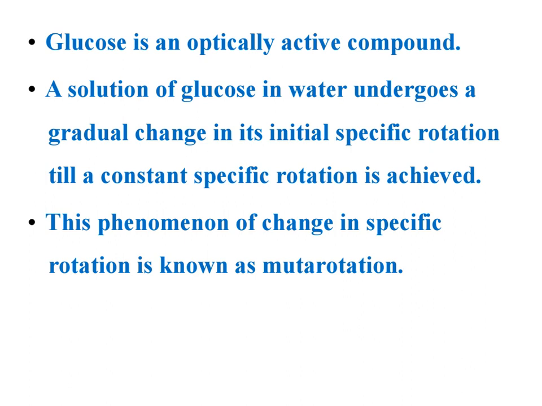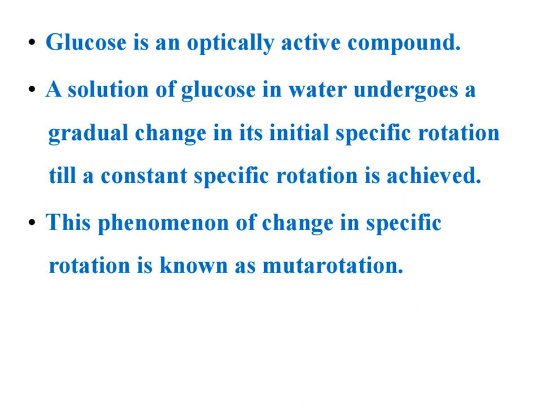If I take either form of glucose and dissolve it in water, a solution of glucose in water undergoes a gradual change in its initial specific rotation till a constant specific rotation is achieved. This phenomenon of change in specific rotation is called mutarotation.